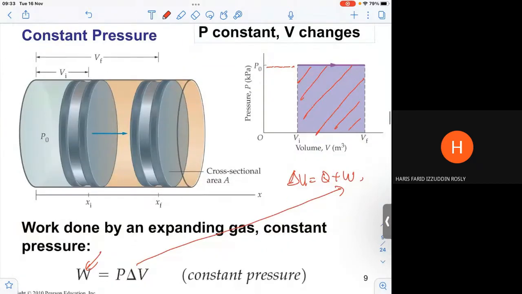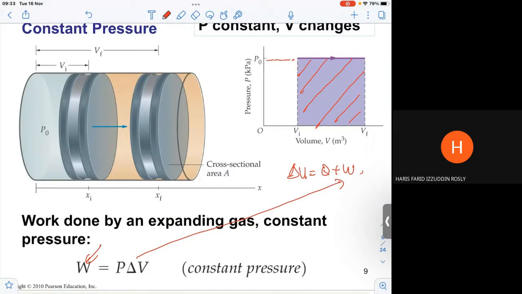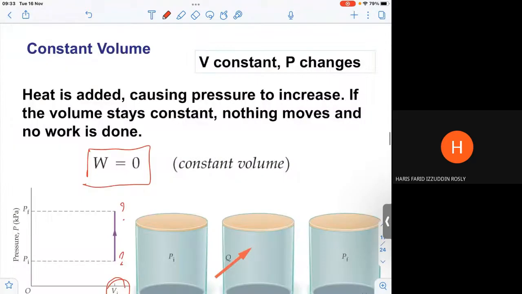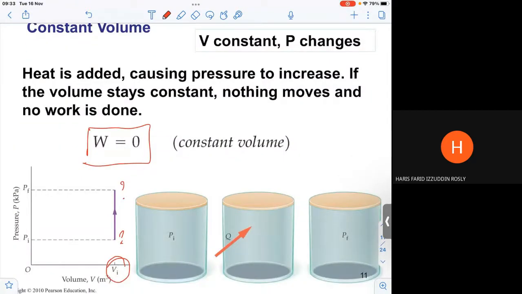In constant pressure, the work done is the area under the graph. So it is with constant volume, but in constant volume there is no work done because there is no area under the graph. We use a PV graph, P versus V. No area means W will be 0.